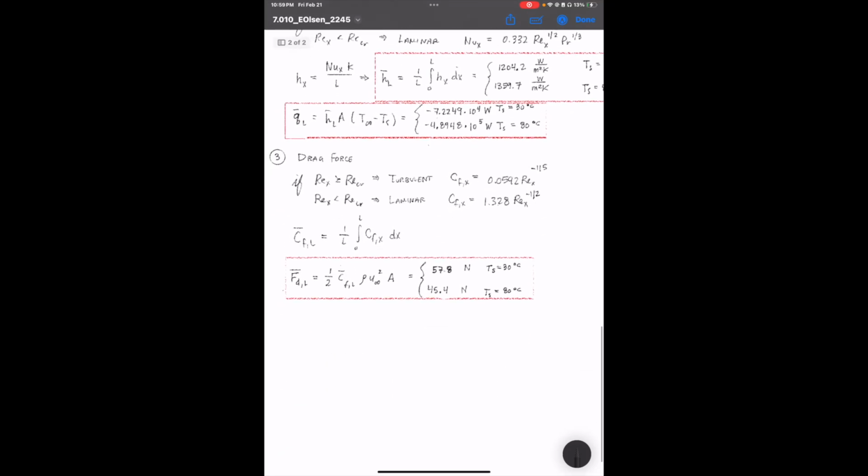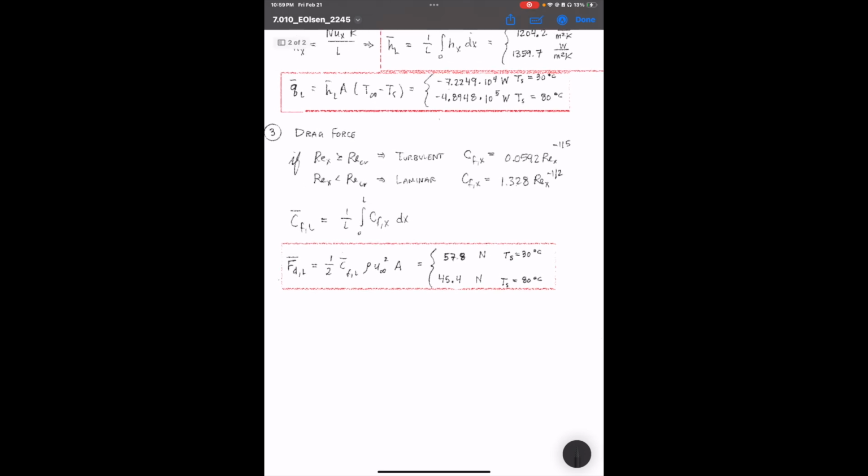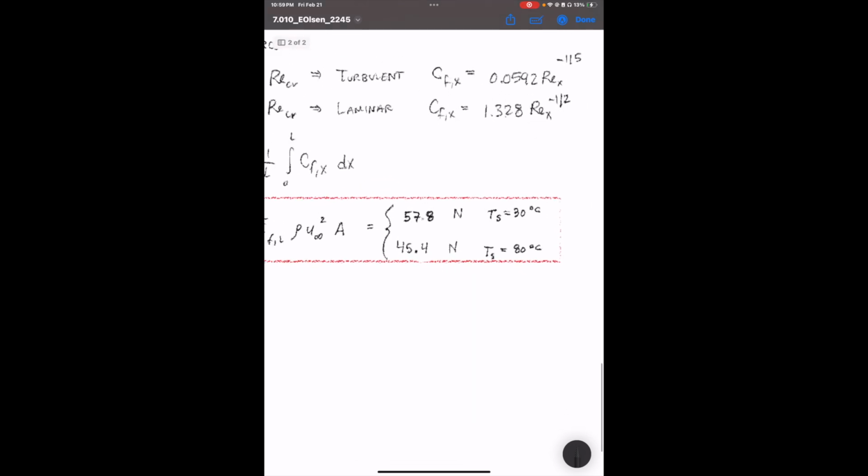And our drag force here is going to be much higher because it's a much more viscous and dense fluid flowing over our surface. We can use the same exact correlations for our friction coefficient, and we get values for the water flow of 57.8 newtons at 30 degrees Celsius and 45.4 newtons at 80 degrees Celsius.